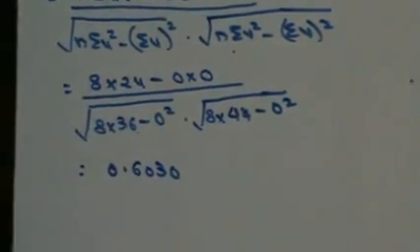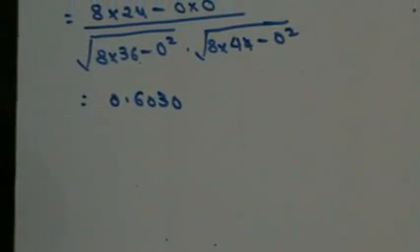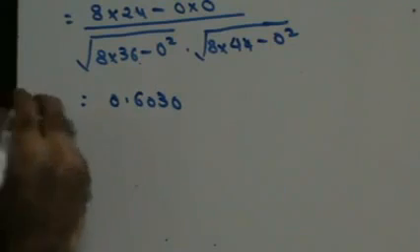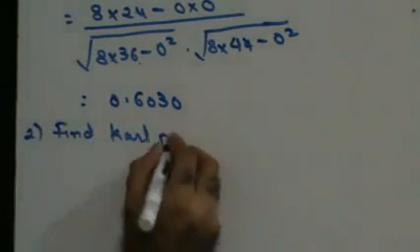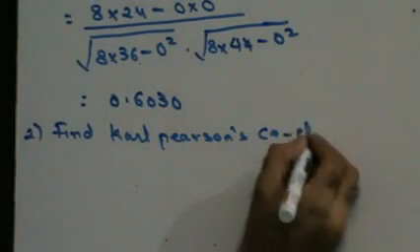Now I'm going to put up a couple of sums where I want you all to use this method and solve them. Let's see another sum. Find Karl Pearson's coefficient.